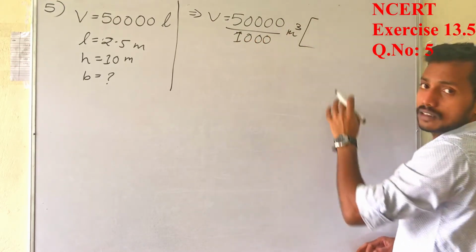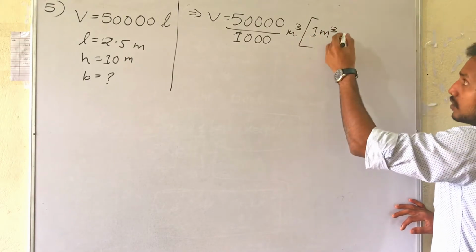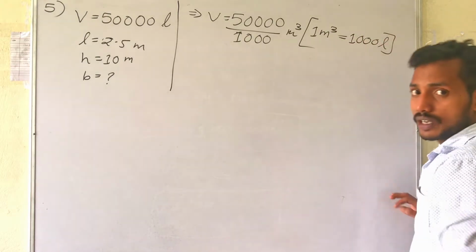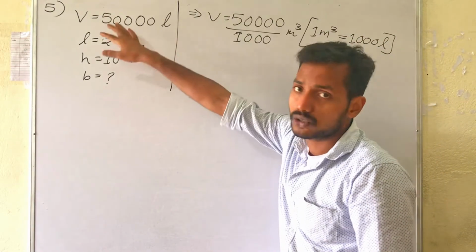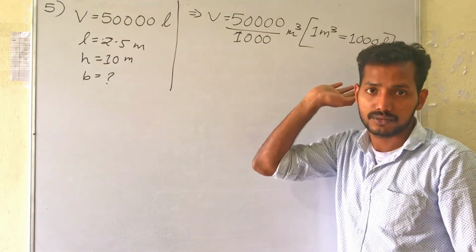What is the reason? 1 meter cube is equal to 1000 liter. So here you are going to convert from liters to meter cube. So you just need to divide it by 1000.